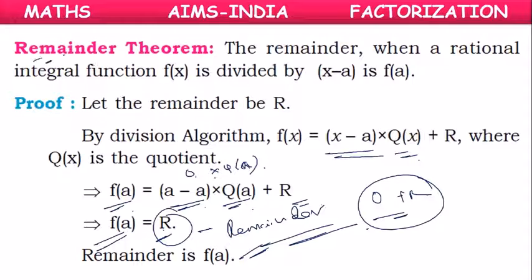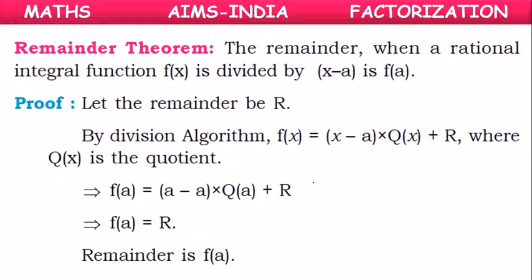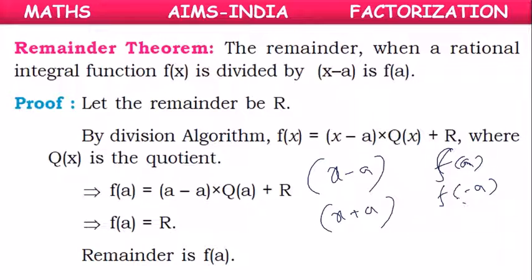So according to the remainder theorem, if any expression is divided by x minus a, then f of a will be the remainder. If it is divided by x plus a, then we have to take f of minus a. This we have learnt already according to the factor theorem.